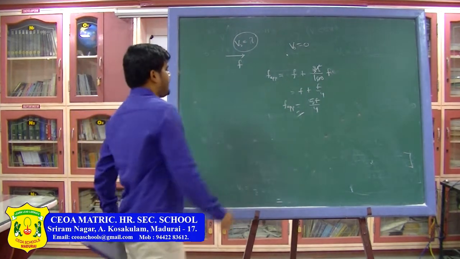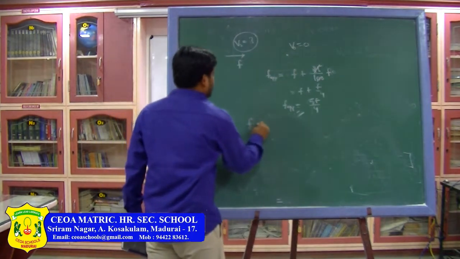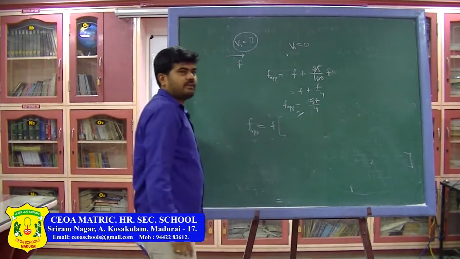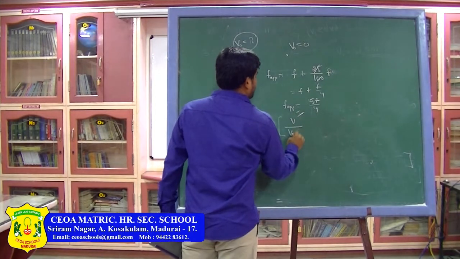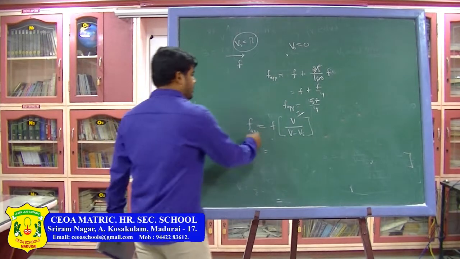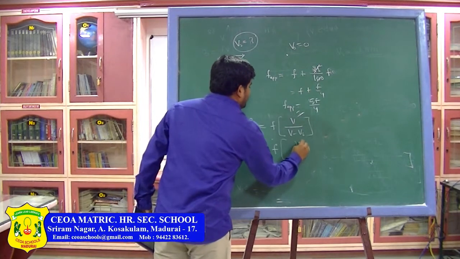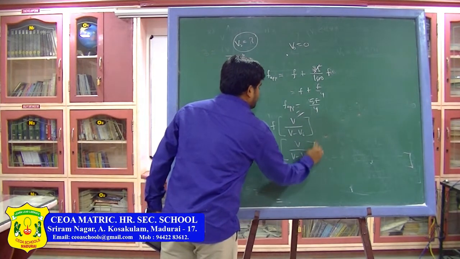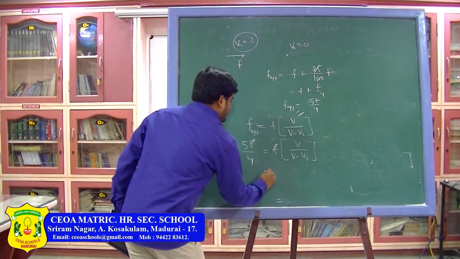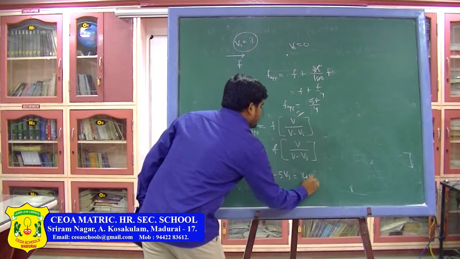In this case, the source is moving towards the stationary observer. So, I can use the formula F apparent is equal to F, that is the actual source frequency, into V divided by V minus Vs. Now, using the values in the problem, the apparent frequency 5F divided by 4 is equal to F into V divided by V minus Vs. So F gets cancelled, then cross multiplying you will get 5V minus 5Vs is equal to 4V.